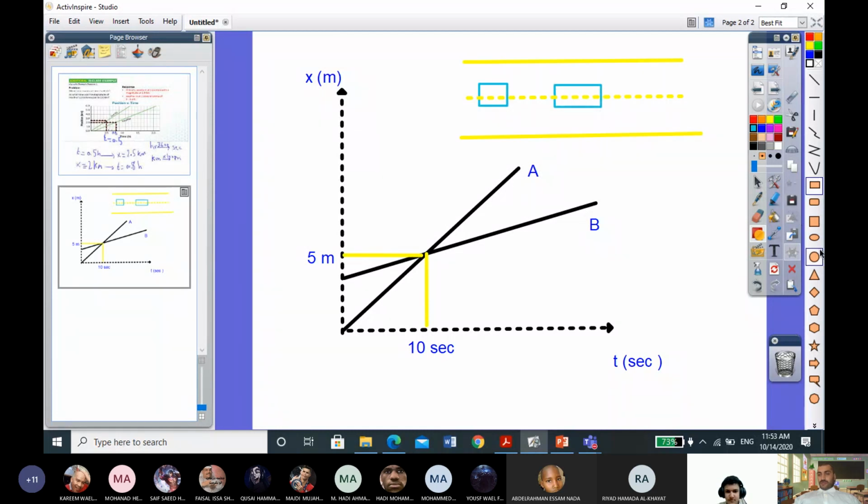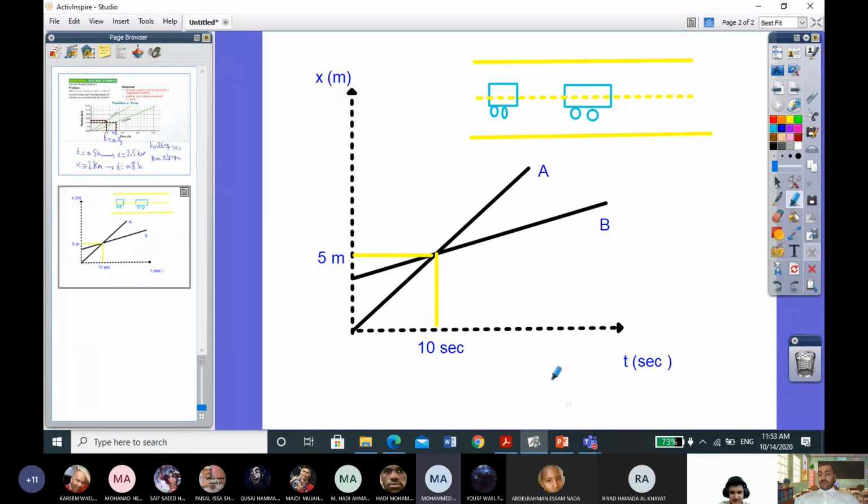If at time 10 seconds the position was 5 meters, what will happen to the two cars here?